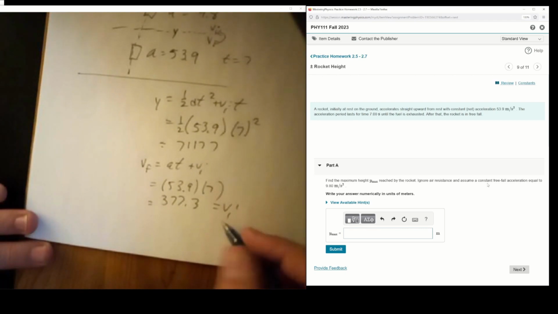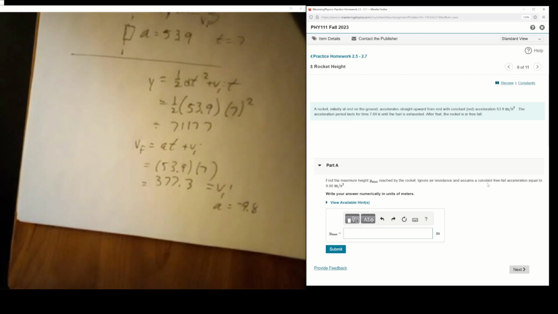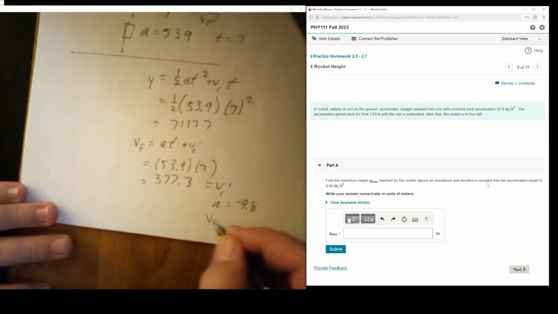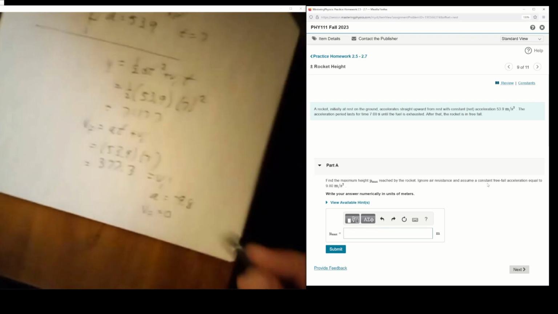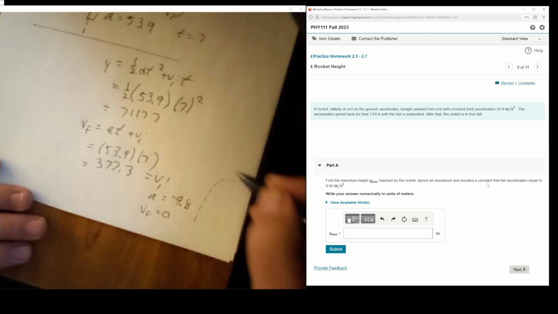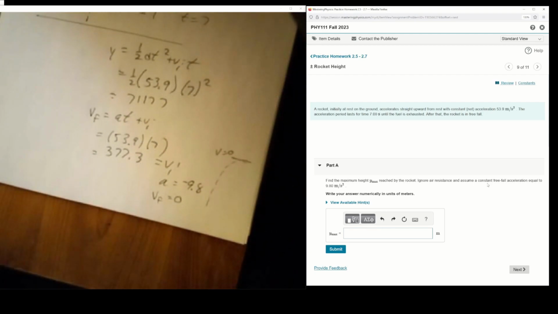And in free fall means we have an acceleration due to gravity. And at the maximum height, our final velocity will be 0. So remember, at the maximum height when something gets right there, that is a 0 velocity. And we want to figure out what that is.